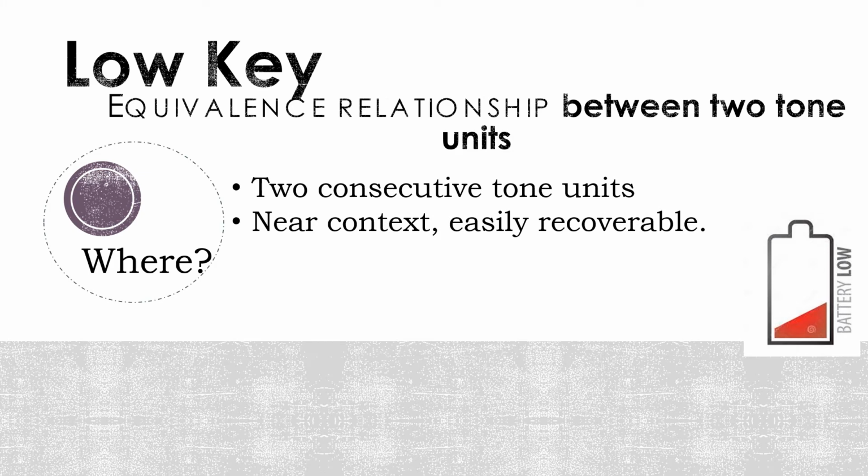So as we said, this happens between two consecutive tone units. For example, if there are three tone units, one after the other, the relationship can only occur between the first and the second, or the second and the third, but not between the first and the third, the first and the fourth, and so on. And because they are so close to each other, in a sequential position, we can recover this meaning of equivalence very easily.